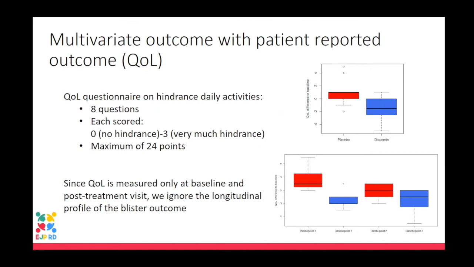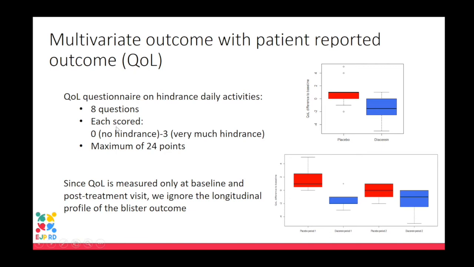So we're looking at the data of the EB trial that I introduced. They used a quality of life questionnaire based on 8 questions, which each were scored between 0 and 3, depending on the hindrance that they had in their daily activities. And so the maximum score would be 24, and the lower that score, the better the quality of life of the patient, of course.